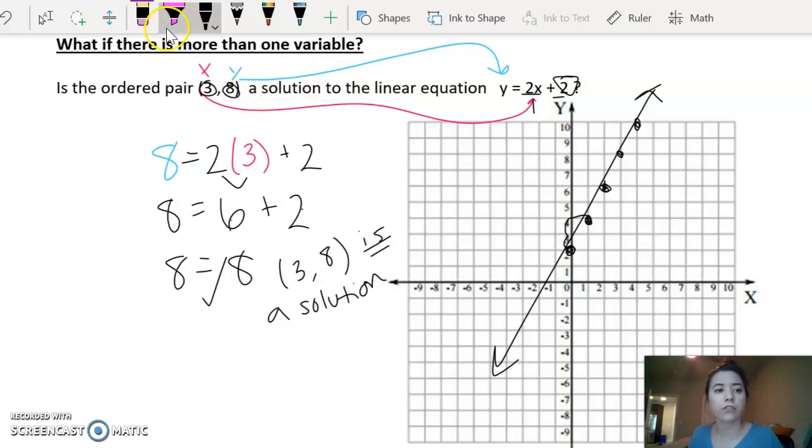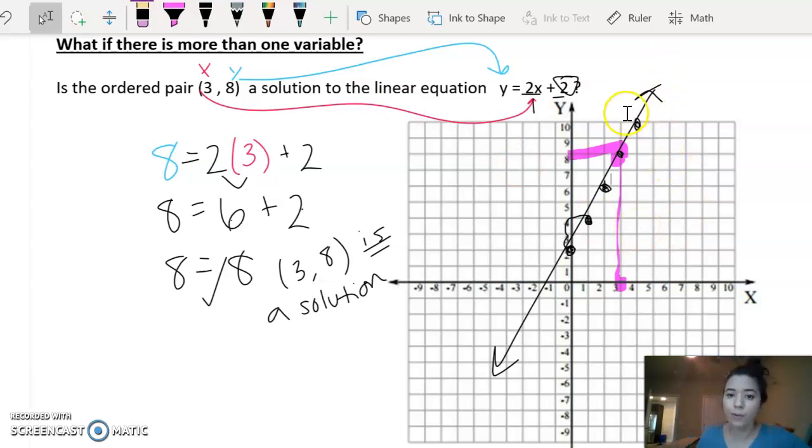Now let's look for this point (3, 8). If we find 3 over and up to 8, you'll notice that that is a point on my graph. So a solution makes the equation true, and it also is a point on our line.